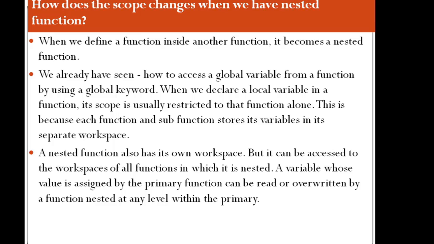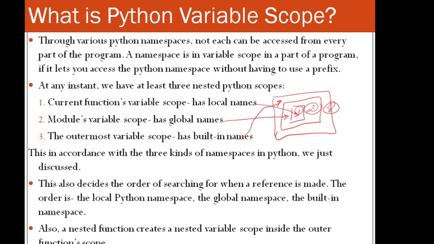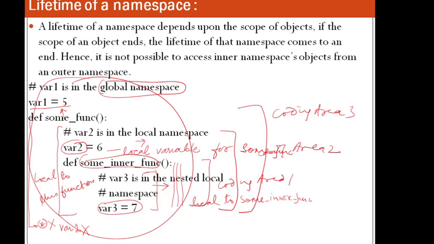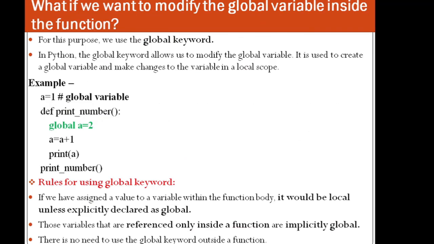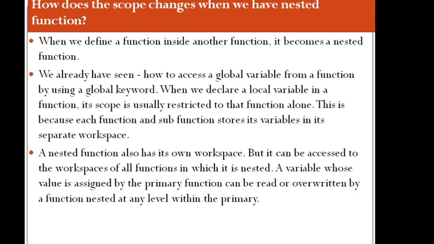How does the scope change when we have nested functions? When we define a function inside another function, it becomes a nested function. So we have already seen one nested function over here. So this is your outer function, and this is your inner function, which is nested inside sum underscore func. Right.